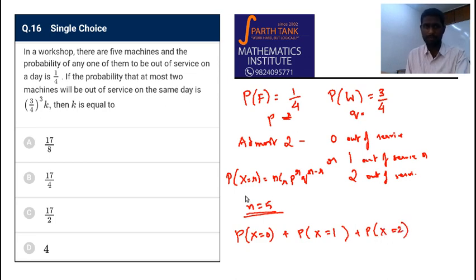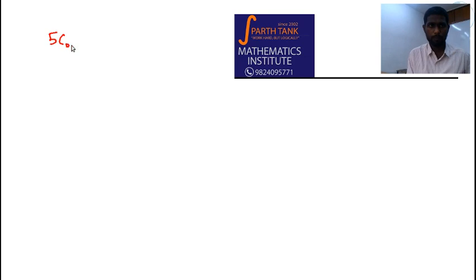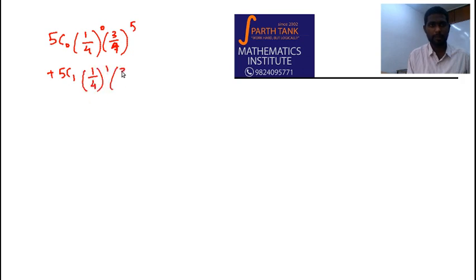You can compute as 5C0, success power 0, failure power 5. Then 5C1, success power 1, failure power 4. 5C2, success power 2, failure power 3.